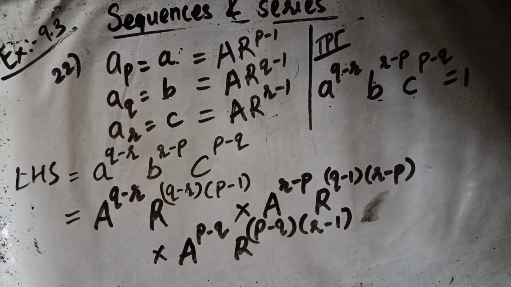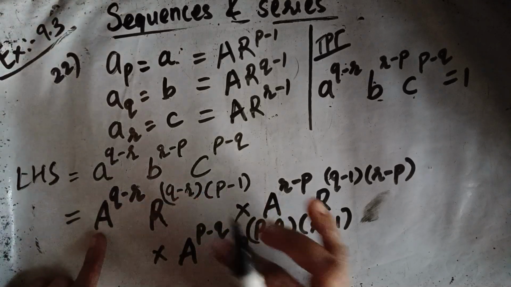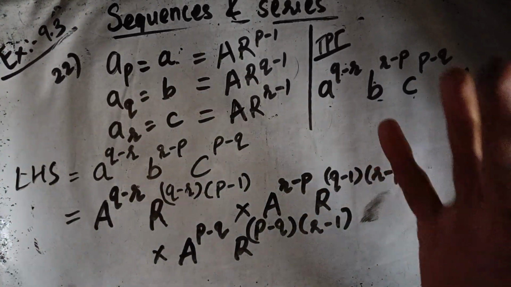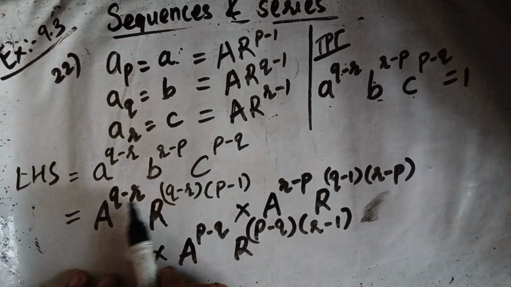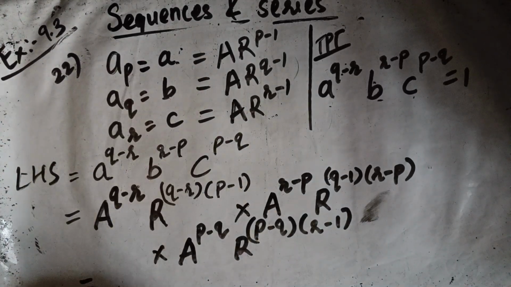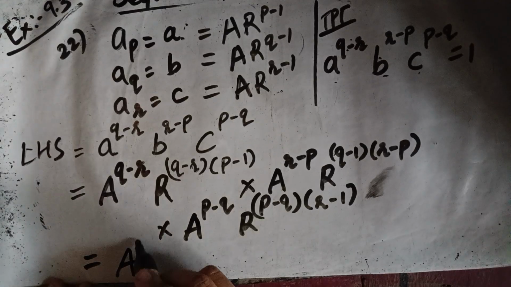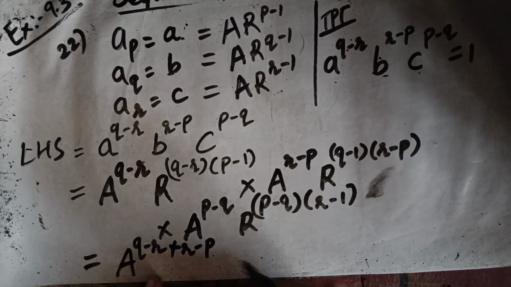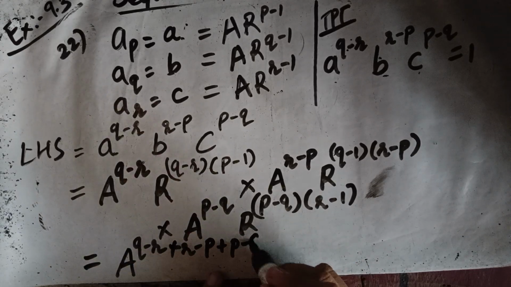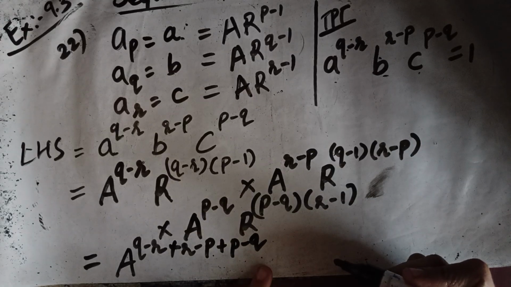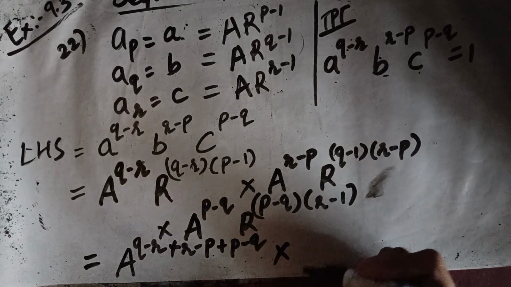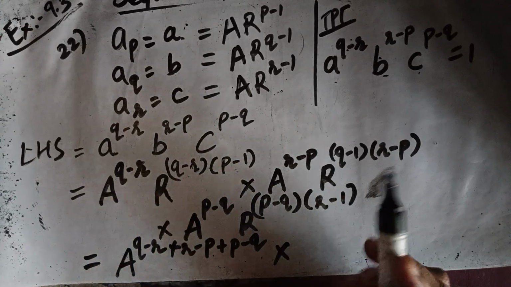Now we can sum it up, right? That is A raised to M into A raised to N is A raised to M plus N, so we can add this. So A raised to Q minus R plus R minus P plus P minus Q. For R, you keep it as it is. We have to multiply this inside.